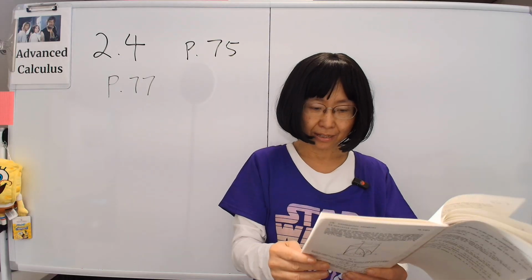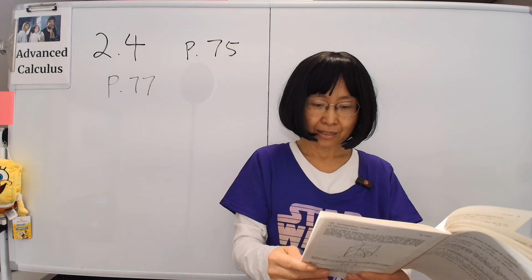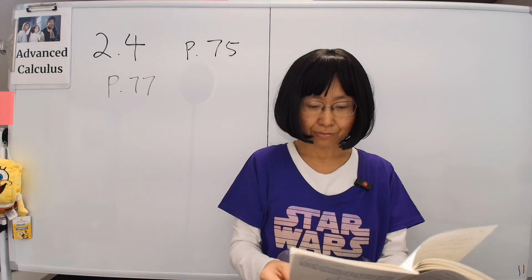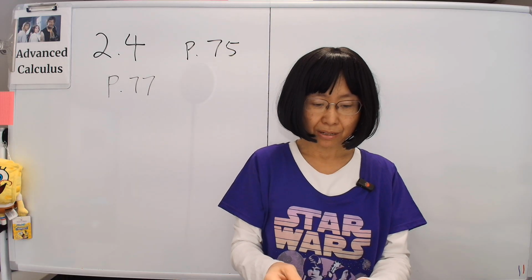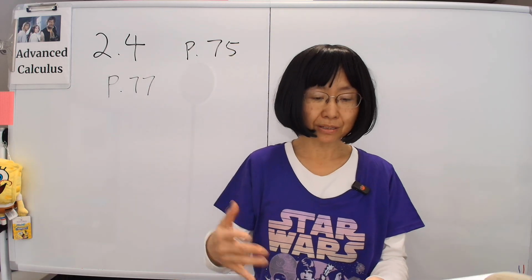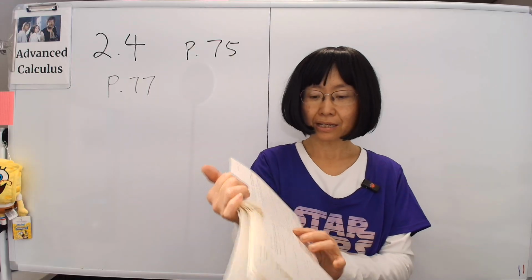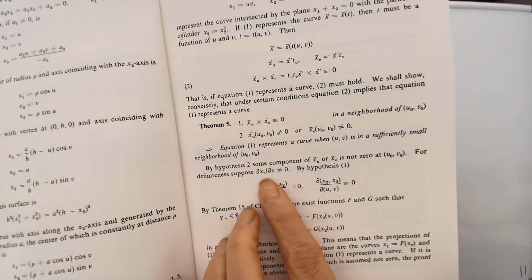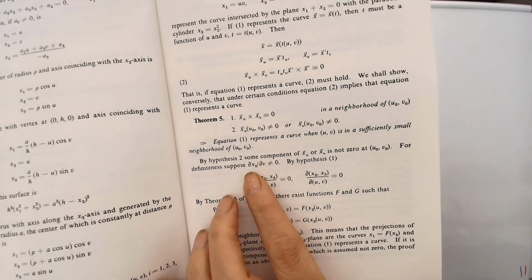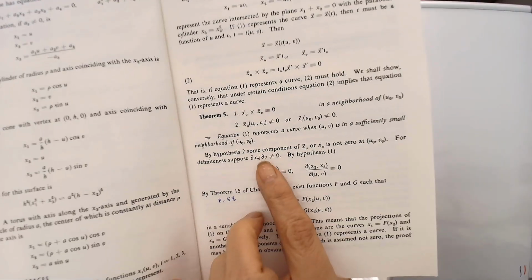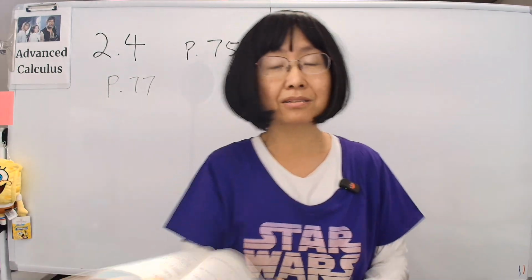So that is the proof of this theorem. And of course, being that we chose some random partial derivative as not 0, we could have easily chosen any other partial derivative. Right now we chose x2 and v. It could be x1 and u, or x3 and v, whatever.